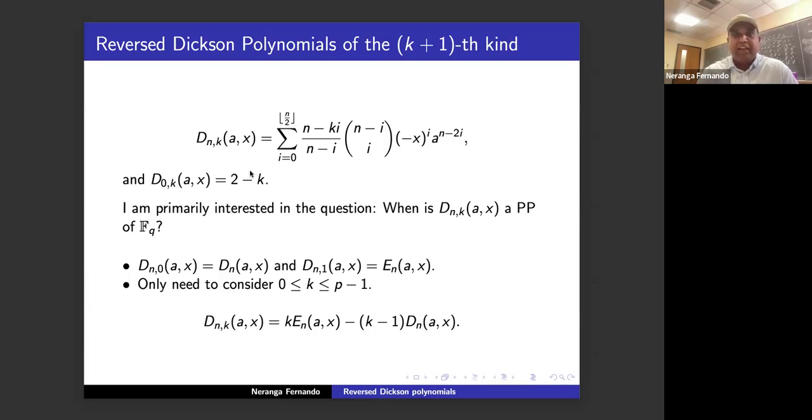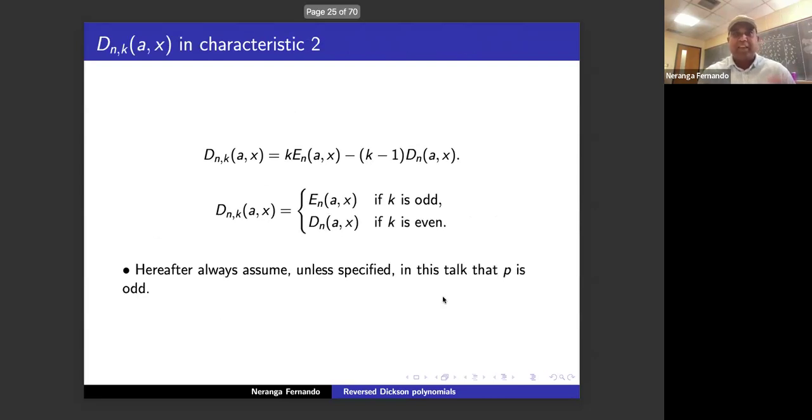Then I showed that the k plus 1 kind can be written in terms of the first kind and the second kind. The advantage of writing the k plus 1 kind in terms of the first kind and the second kind is that when you consider this in characteristic 2, it simply boils down to the parity of k, because when k is odd, then the k plus 1 kind is simply the second kind.